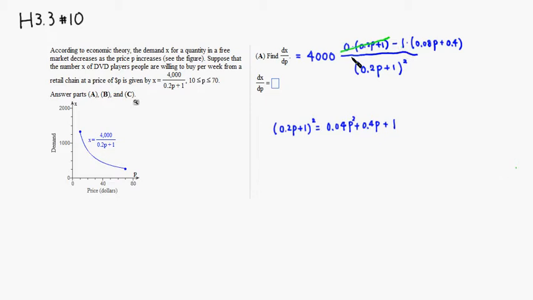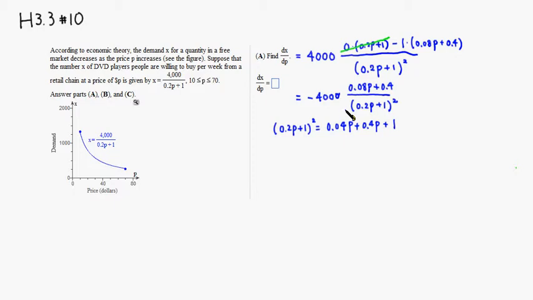Then you have a negative sign, so I'm going to put that in front: negative 4,000 times 0.08p plus 0.4. Then the denominator stays the same, 0.2p plus 1 squared.